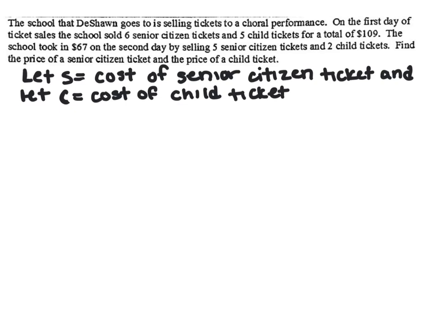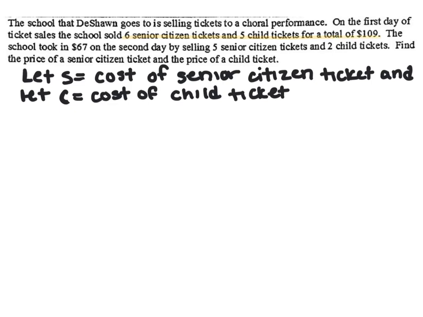So if we were to model a scenario and we let S equal the number of senior citizen tickets and let C equal the number of child tickets, now if I read back, the first piece of information that we're given that's essential is that it says that they sold 6 senior citizen tickets and 5 child tickets for a total of $109.